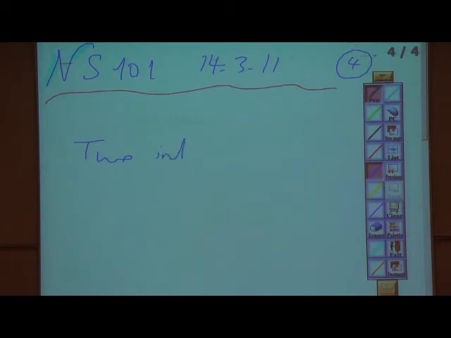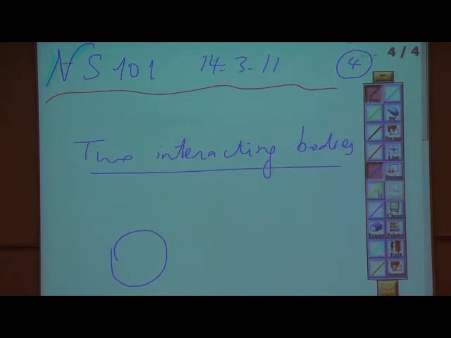Now what happens when you have two interacting bodies? Okay, so for example, you have the sun here.